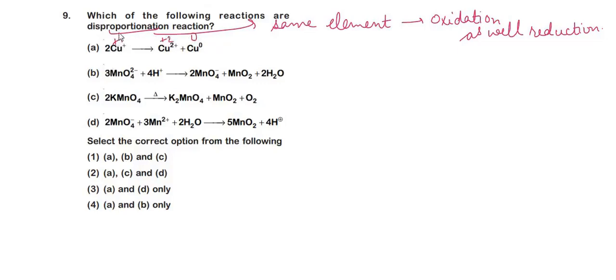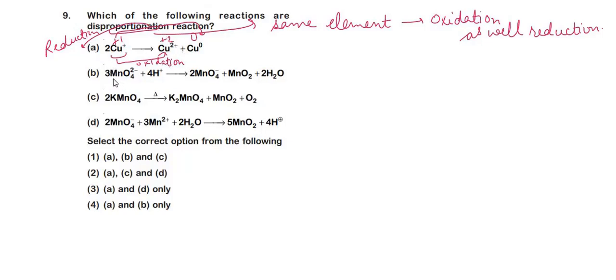That means the oxidation state is increased by 1 and also decreased by 1. So copper +1 undergoes oxidation as well as reduction. From +1 to +2 is loss of electron, and loss of electron is an oxidation process. And when copper +1 changes to 0, this is known as reduction. So both processes are taking place here, oxidation and reduction.